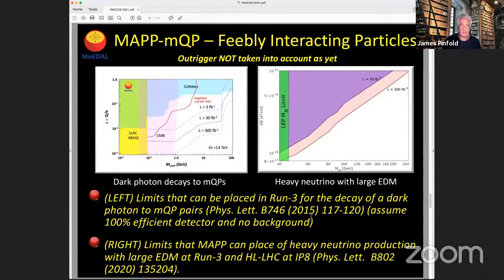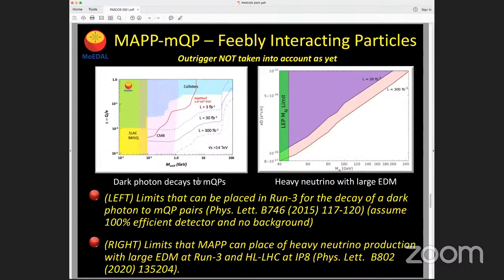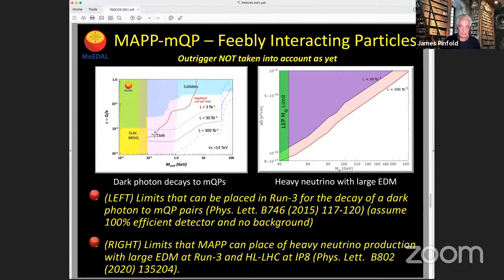So what can we expect to do with this milli-charged particle? If we look at a couple of diagrams on the left, we have limits that can be placed at run 3, where we have the decay of a dark photon to fractionally charged particle pairs, and we can see the limits here. We have the fractional charge down to 10 to the minus 3, thousandths of the electric charge. And here we have the mass of the milli-charged particle.